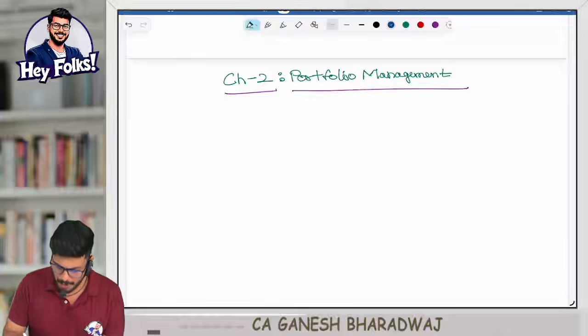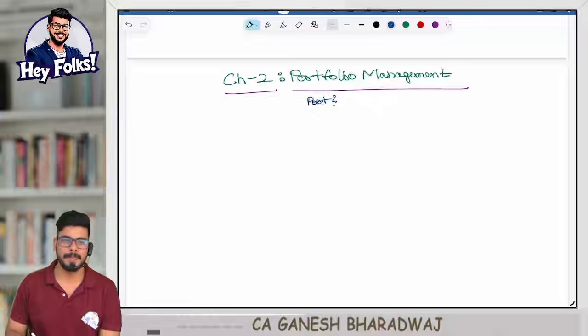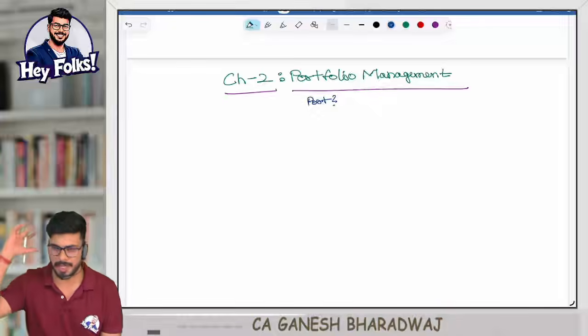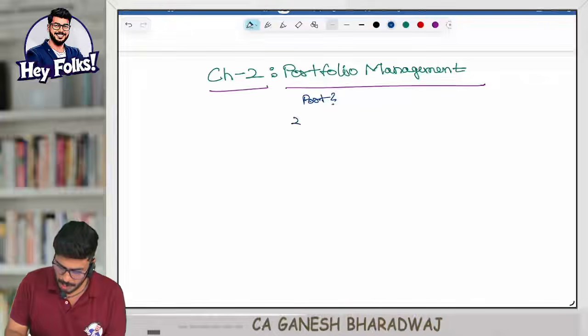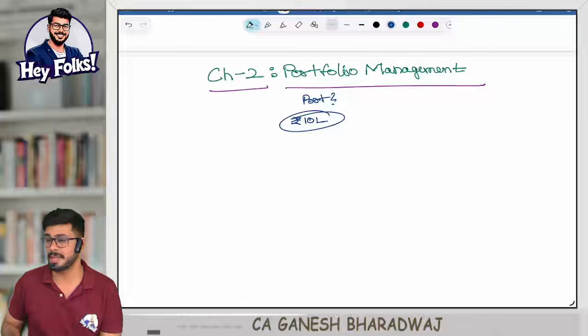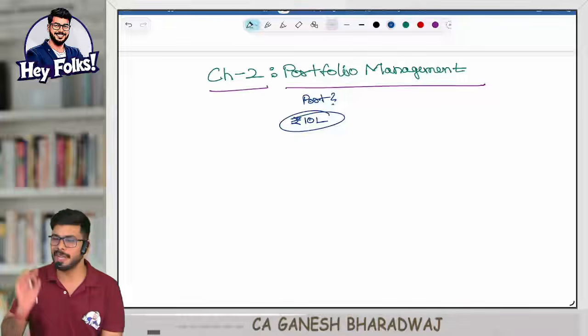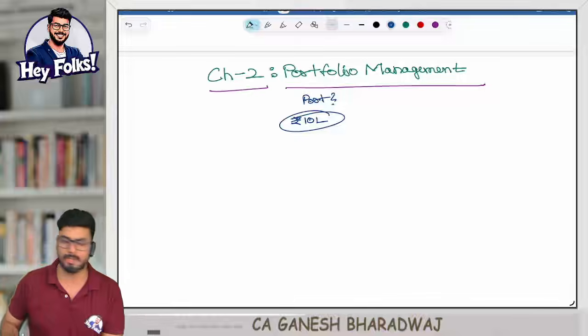Now what do you mean by a portfolio? Before that, as usual in our signature style, I'll give you an example. Let us say you have 10 lakh rupees with you, and you want to invest this 10 lakh rupees in the stock markets.